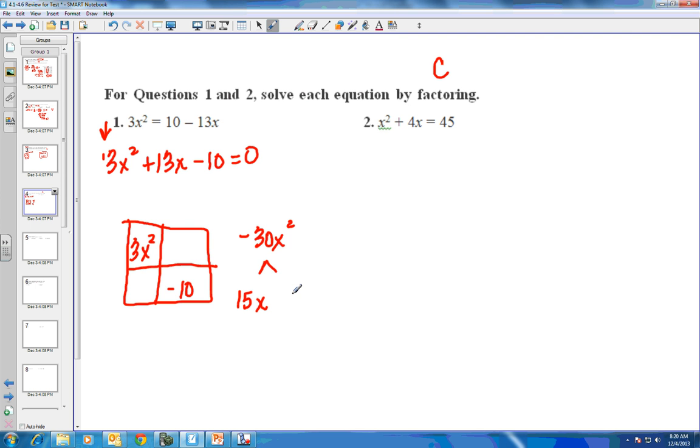How about 15x and -2x? Will those work? When I multiply these together, I get -30x squared. And a 15 and a -2 gives me positive 13x, remember? So these two numbers are going to go in my other two boxes. It doesn't matter which ones.